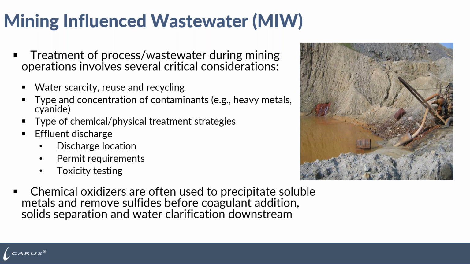Chemical oxidants are often applied to precipitate soluble metals before the addition of coagulant and flocculant products for solid separation and water clarification downstream prior to discharge of the treated water.